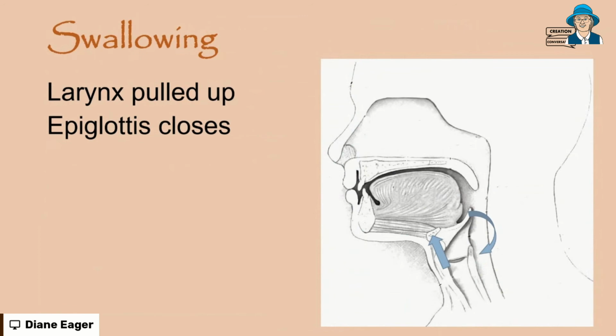So there is a built-in system for a temporary disconnection, if you like, for when we are swallowing, so that we don't randomly have food and drink going down into the airways.